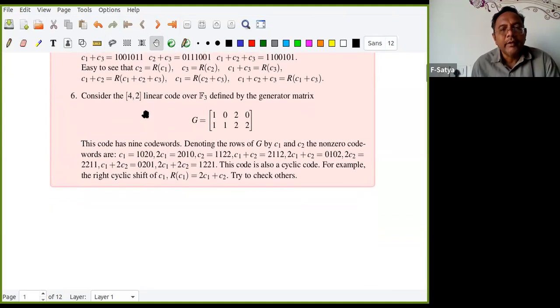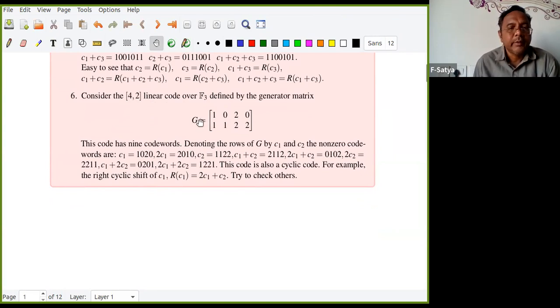Another simple example, a (4,2) linear code over F3. F3, you know, is 0, 1, 2. So 4 means the code word's length is 4, and dimension is 2. So automatically these two are linearly independent code words. Total how many vectors will be there? Total 9.